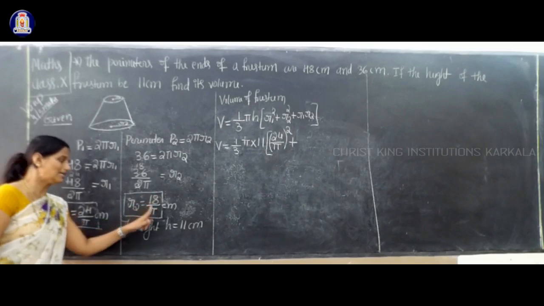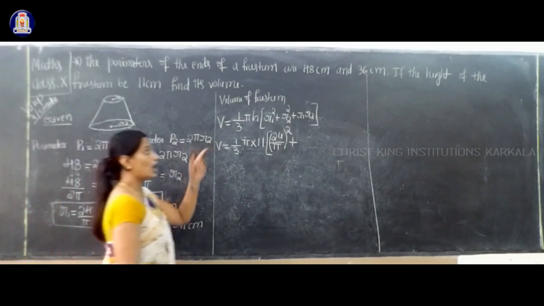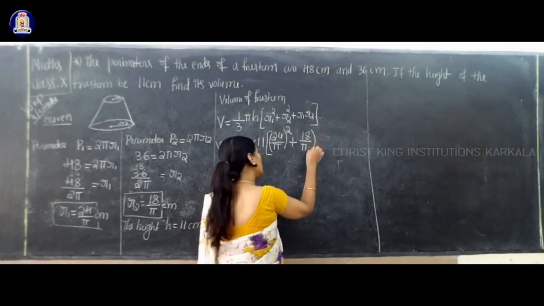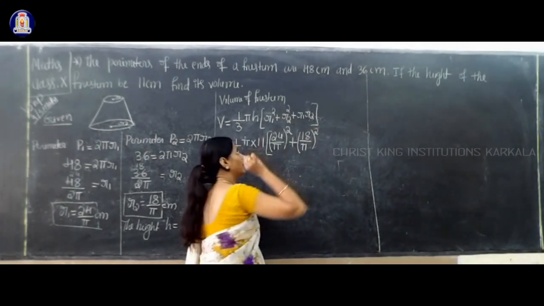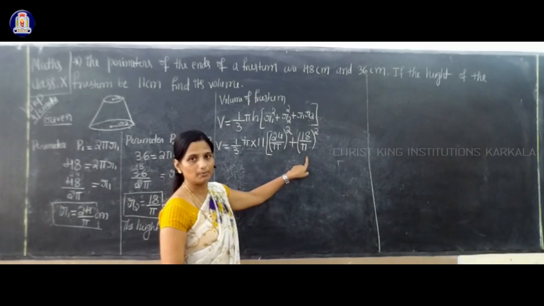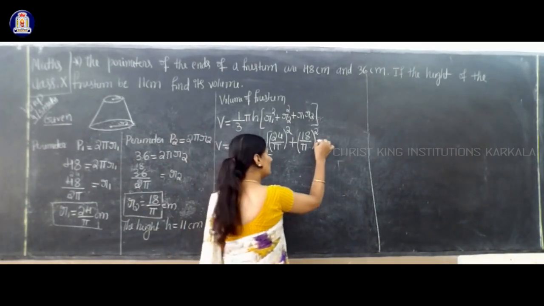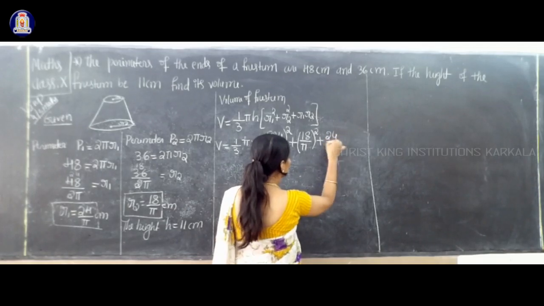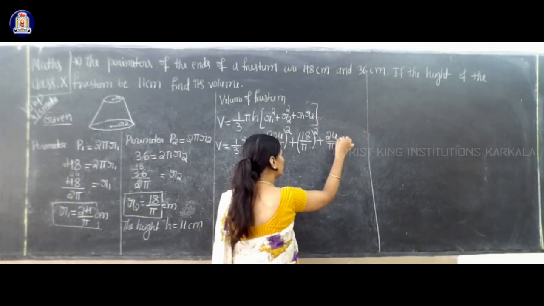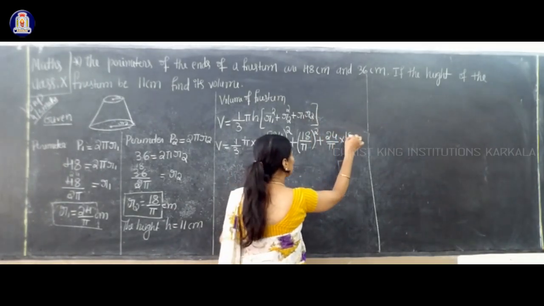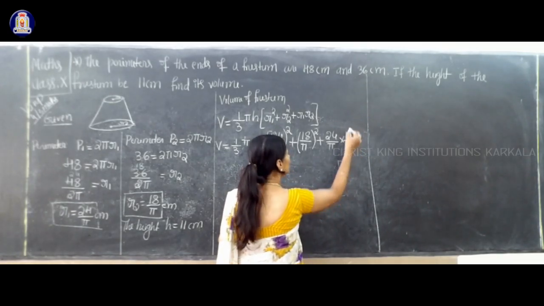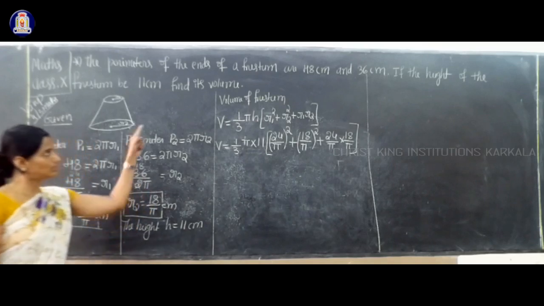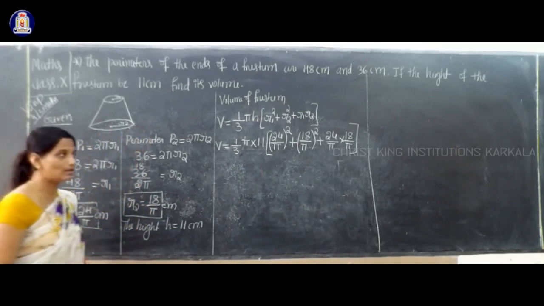R2 is 18 divided by pi, so R2 square is 18 divided by pi whole square, plus R1 into R2. R1 is 24 divided by pi into R2 which is 18 divided by pi. So close this. Understood? In this one, the substitution part is important.